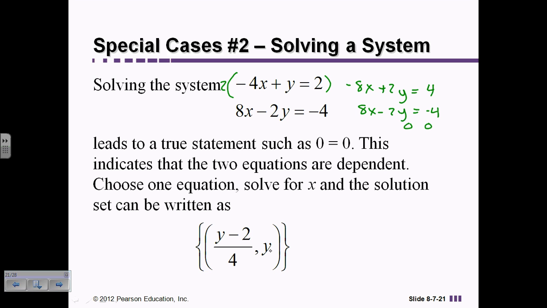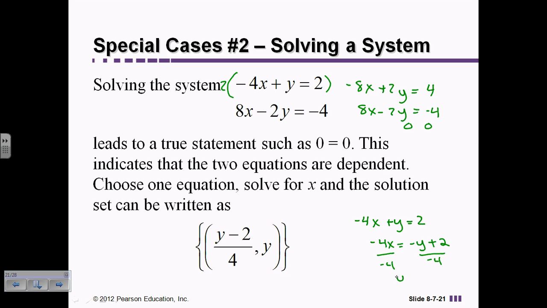We're going to let y equal y, and then we're going to take one of the equations. We're going to go back to the original equation when we do this, and we want to solve for x. So we get negative y plus 2, and then we're going to divide by negative 4.